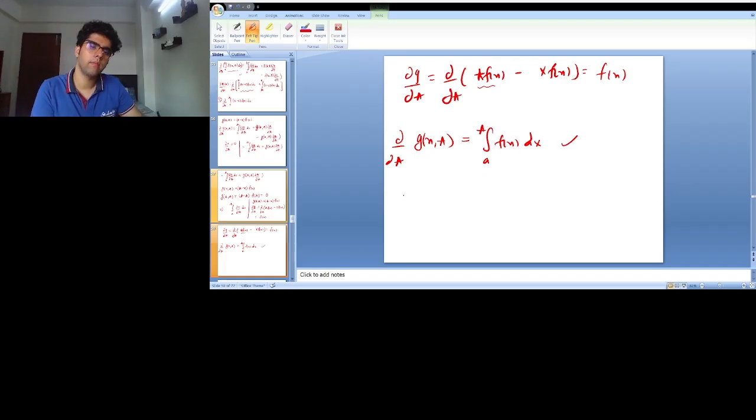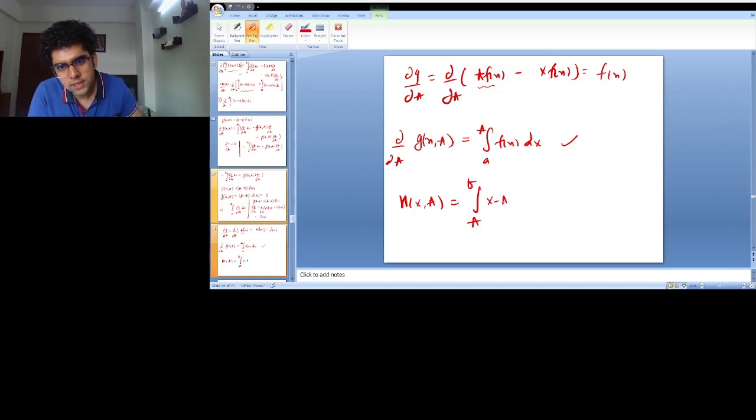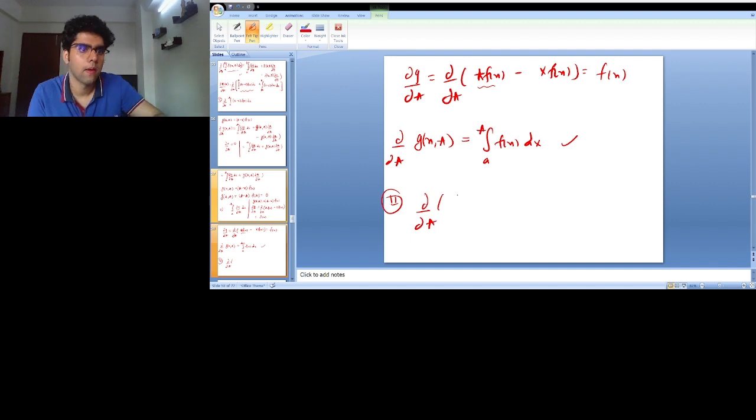Now I am defining my second function as h(x, a), which is the integral from capital A to small b of (x minus a) f(x). Now we need to find the value of the second integral, right? So my second expression was del by del a of the integral.